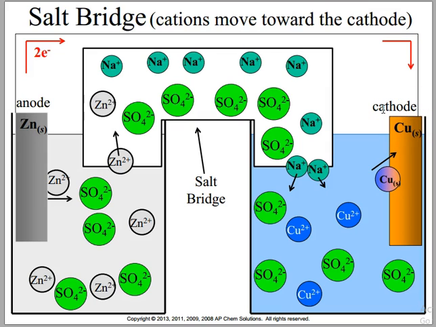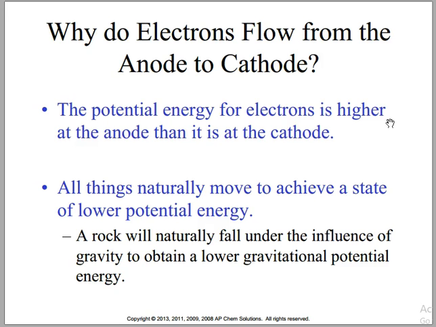So cations always move toward the cathode in the salt bridge. Also, the electrons move toward the cathode because electrons are negative, attracted to the cathode. Cations are also positive, so attracted there. And that's a good place to stop.